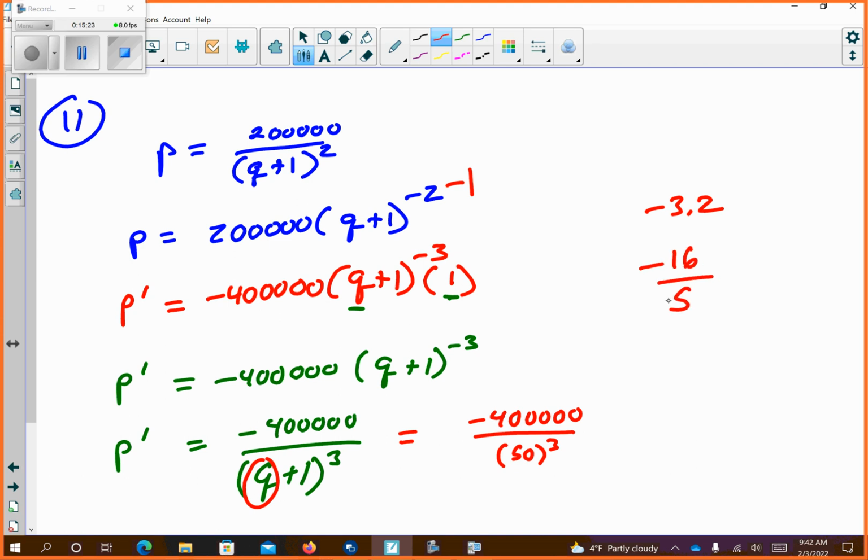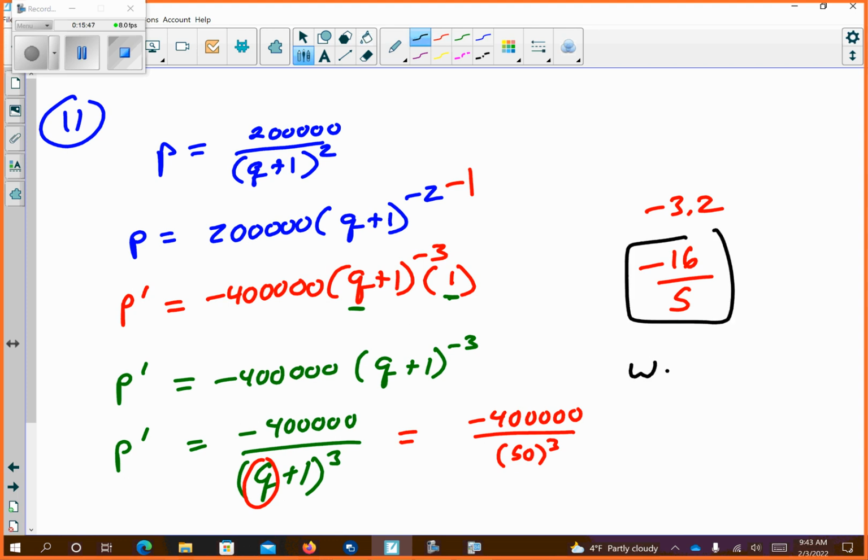All right, interpret it. Using A, suppose that the demand for a product is priced as described by that. What is the rate of change of the price when it's 49? So it's negative 3.2, so negative 16/5. I'm going to keep it as the fraction.